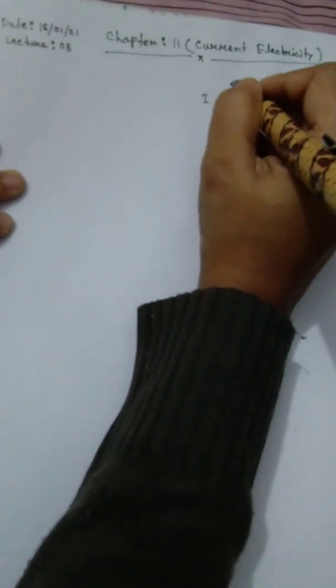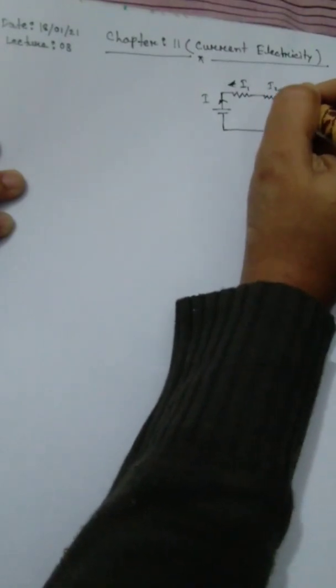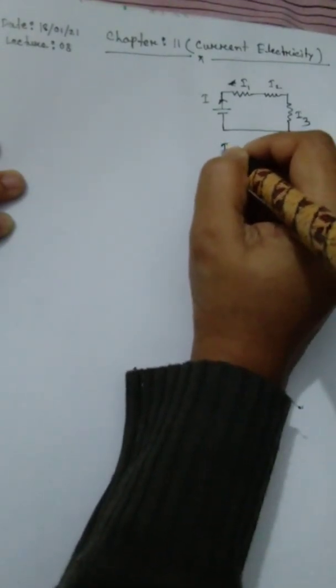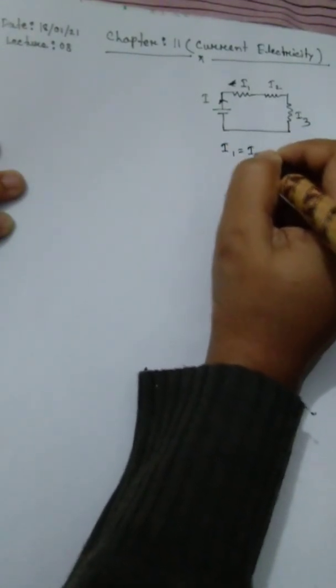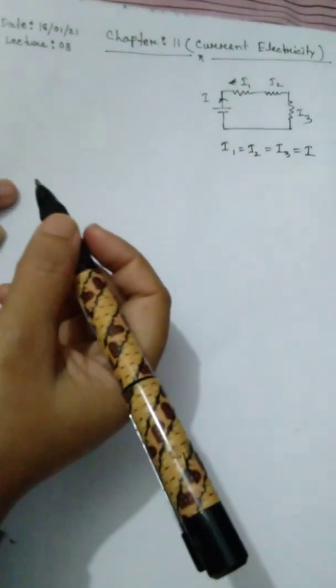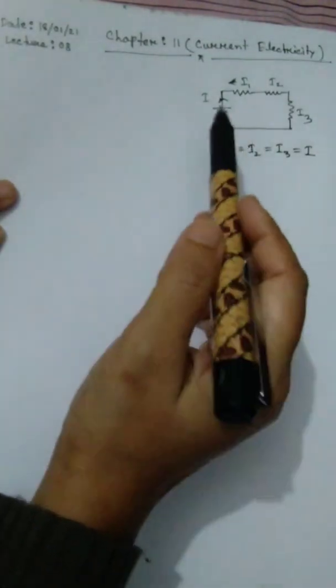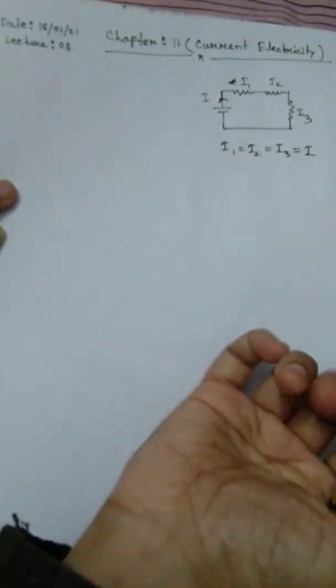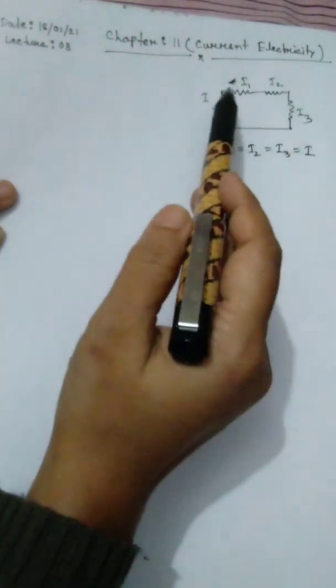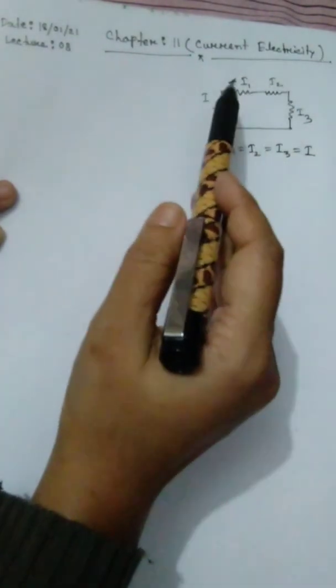That means for this branch, if current is I1, for the second one is I2, for the third one is I3. So in case of series combination, all the currents will be equal to I. That means for a series circuit, the current will not change for any resistor. For every resistor, the current will remain the same, because there is only one branch. The current is just passing through a single branch.